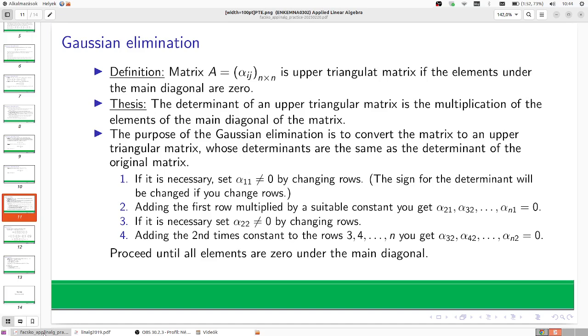Now I have to eliminate this. What I will do is I add to the third row the half of the second row.